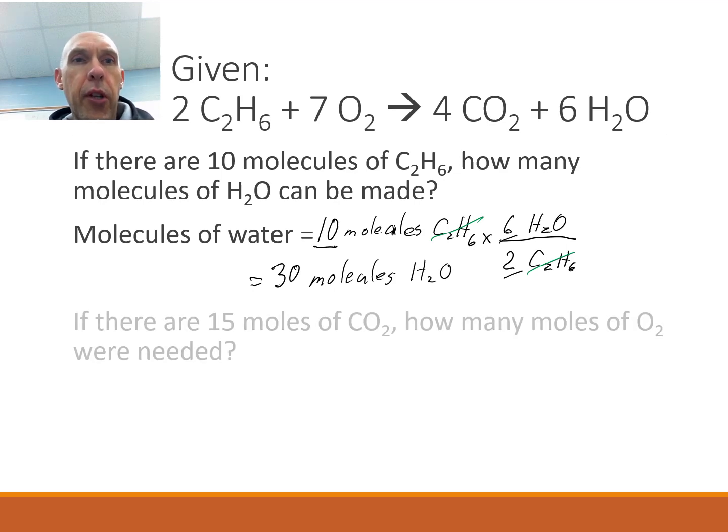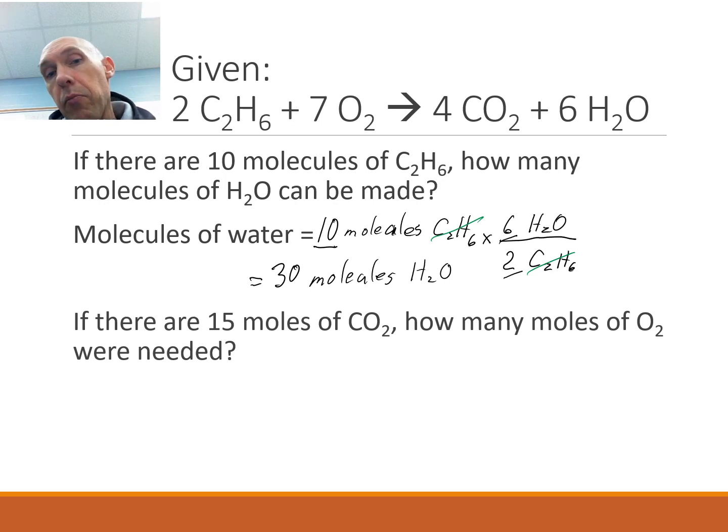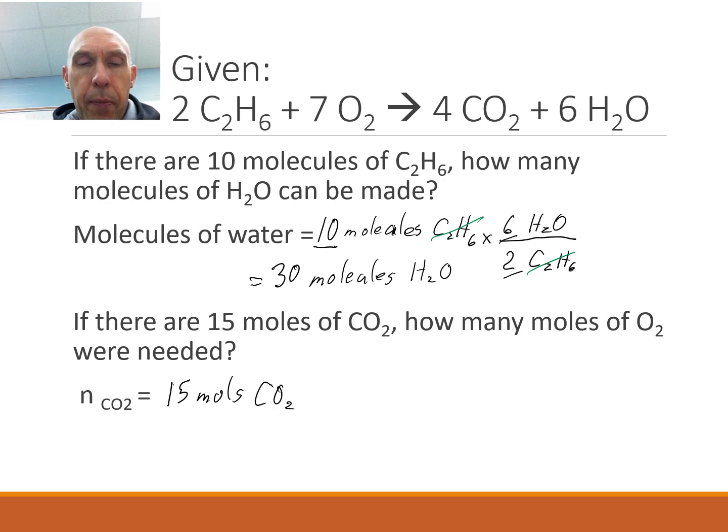Next example from the same question. If there are 15 moles of CO2, so not molecules this time, entire moles, how many moles of oxygen are needed? So now we're looking at n, the number of moles. The given information is we have 15 moles CO2.